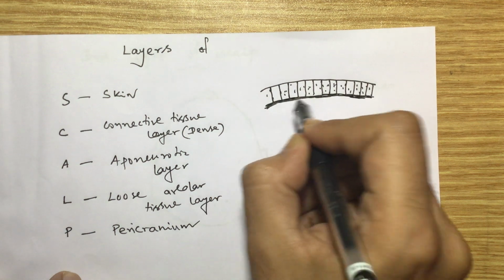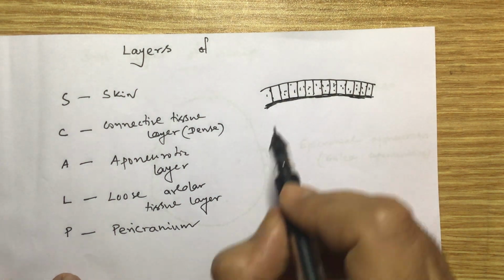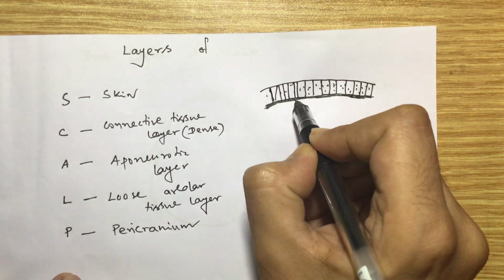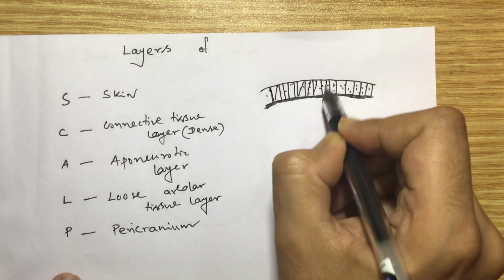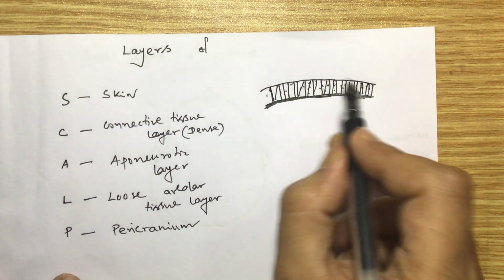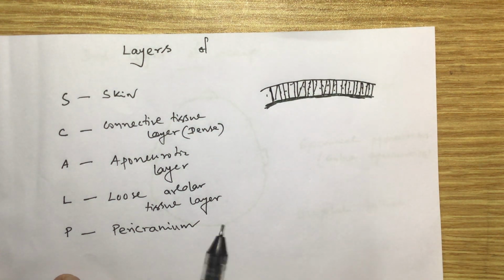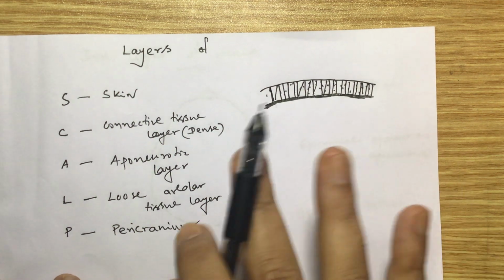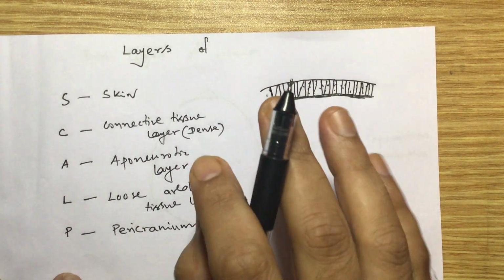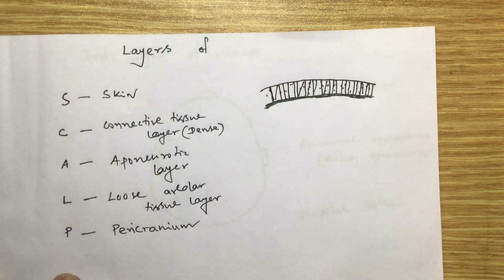So the fibrous septae which extend from the skin to the aponeurotic layer basically divide that connective tissue layer into many lobules which contain fat lobules.